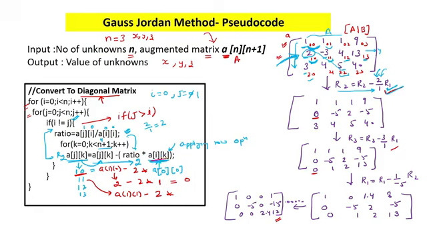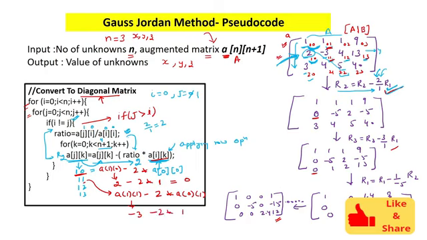Now for this, k will be 1 as we can see here. So a of i is 0 and k is 1, which means we are asking about this element and this element. Here a11 is minus 3 and a01 is 1, so I will get minus 5.